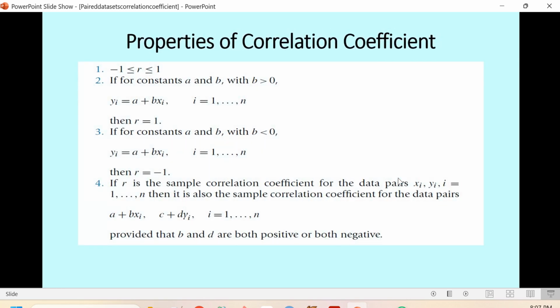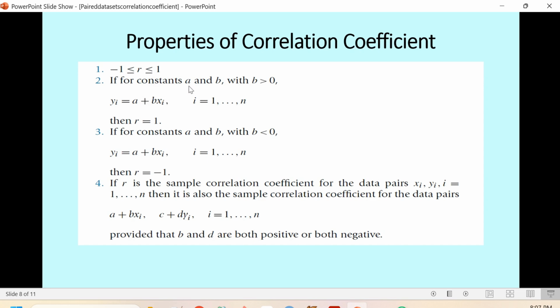So next we will see some properties of correlation coefficients. First of all, the correlation coefficient R is between -1 and +1. For example, a correlation coefficient of 1 means a very high linear, positive correlation between these two variables.